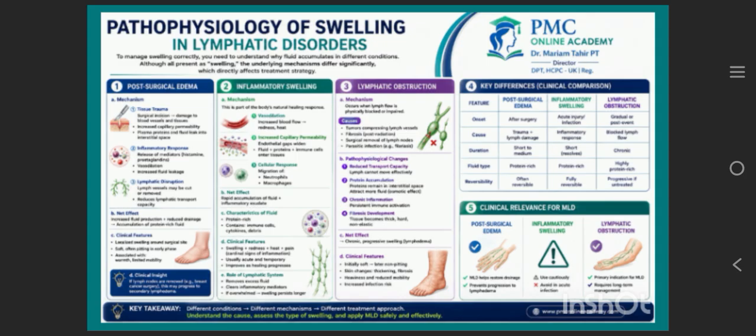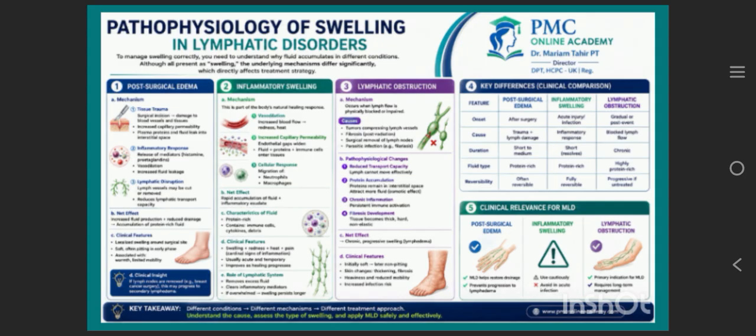Now we will look at the clinical insight of post-surgical edema. If lymph nodes are removed, like in breast cancer surgery, this may progress to secondary lymphedema. This is all about post-surgical edema.